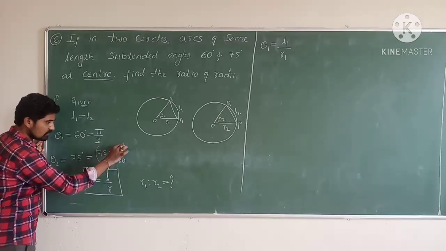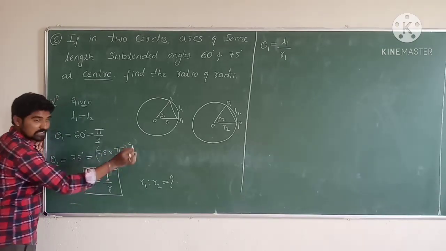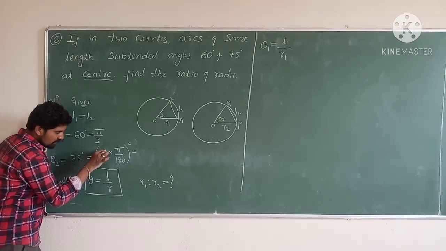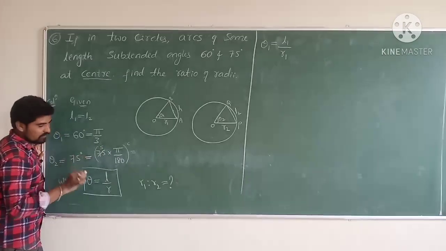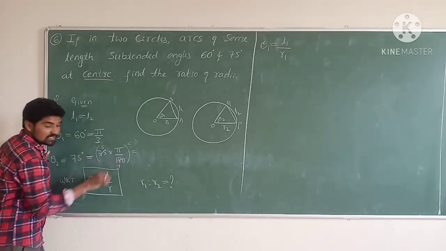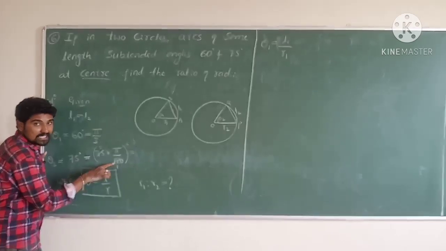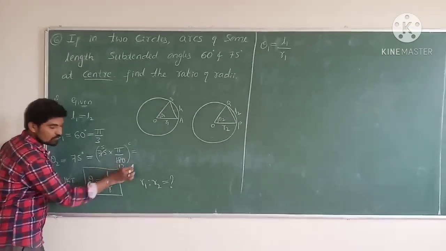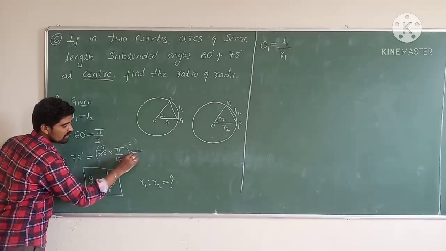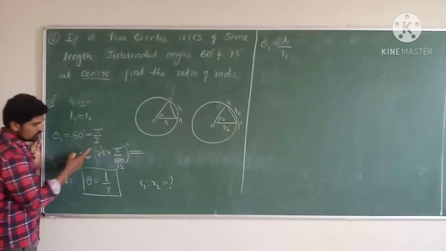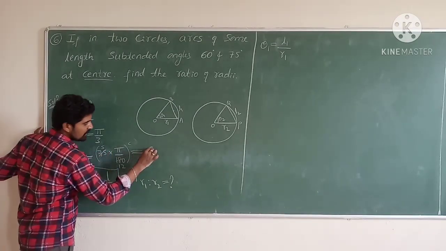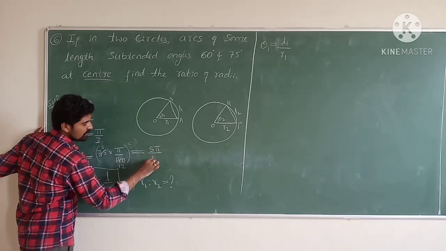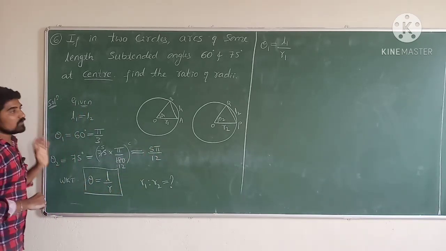Now this is in terms of radian, and which is equal to, 15 5s are 75, 15 1s are remaining 3, 15 2s are 30. Therefore 75 degree is equal to 5 into pi divided by 12 radians.